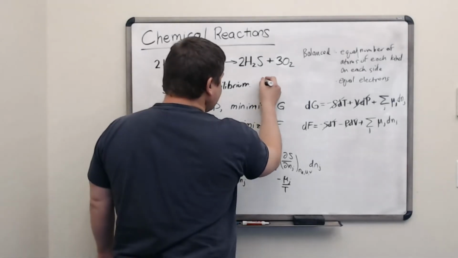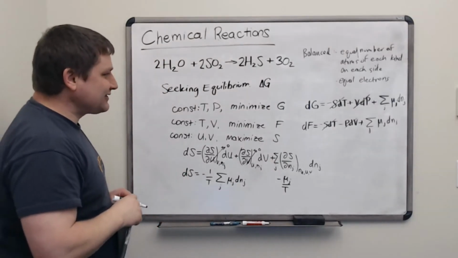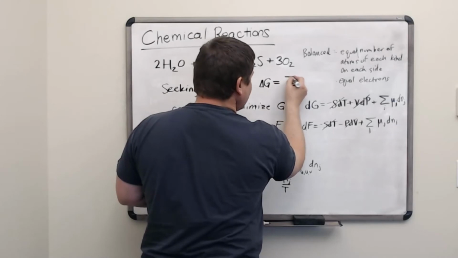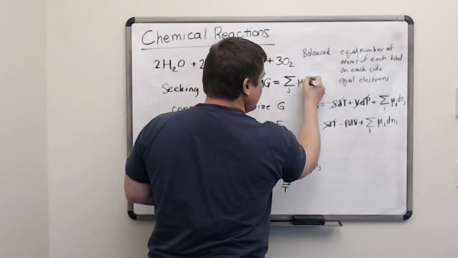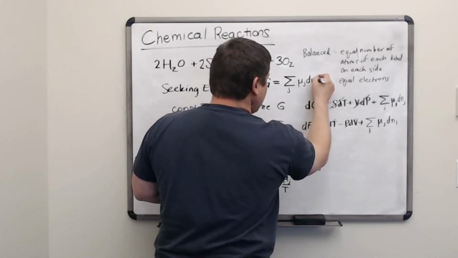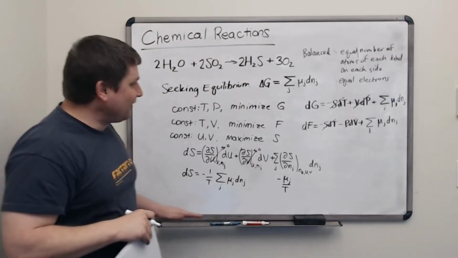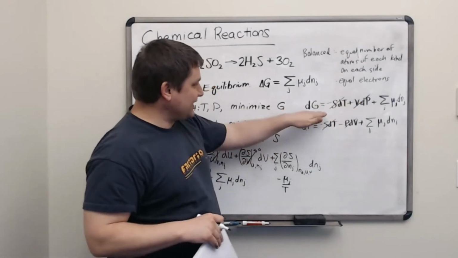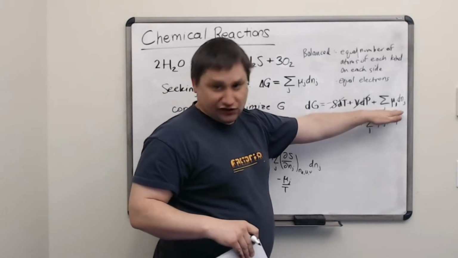So we call this, in sort of a perverse notation, the delta G of the reaction. All right, the delta G of the reaction. Now, it's not really a delta G in terms of, like, I changed the temperature and pressure and got a different Gibbs energy. It's a delta G in terms of performing the reaction.